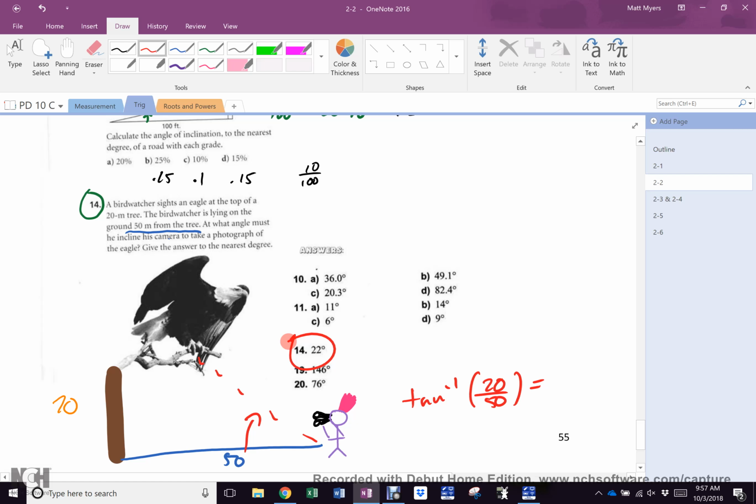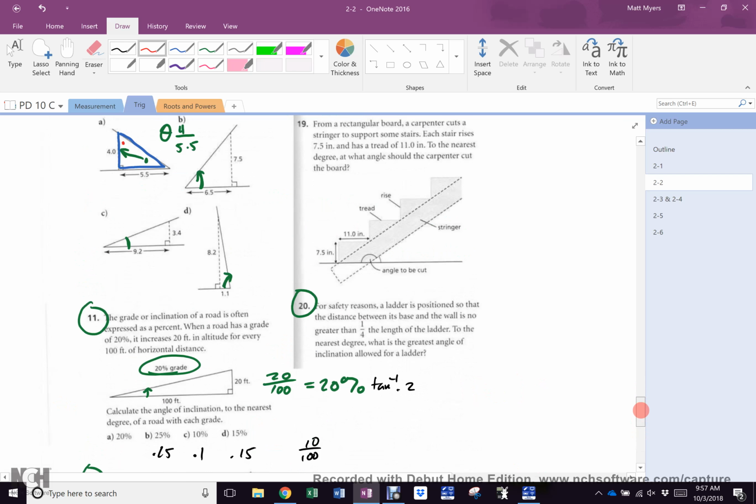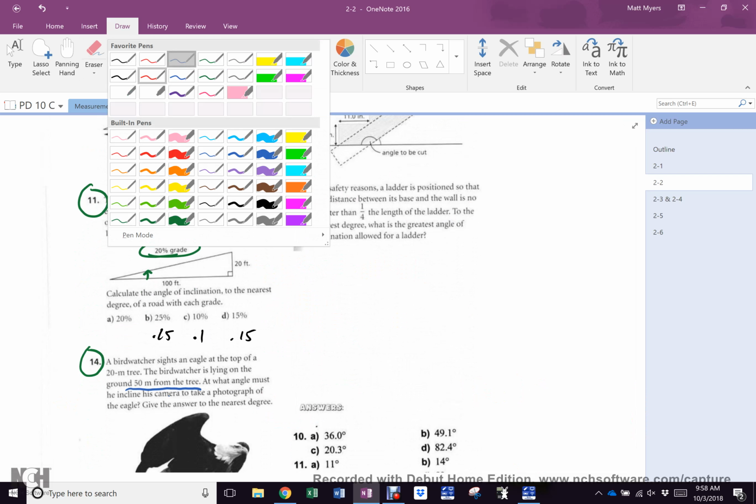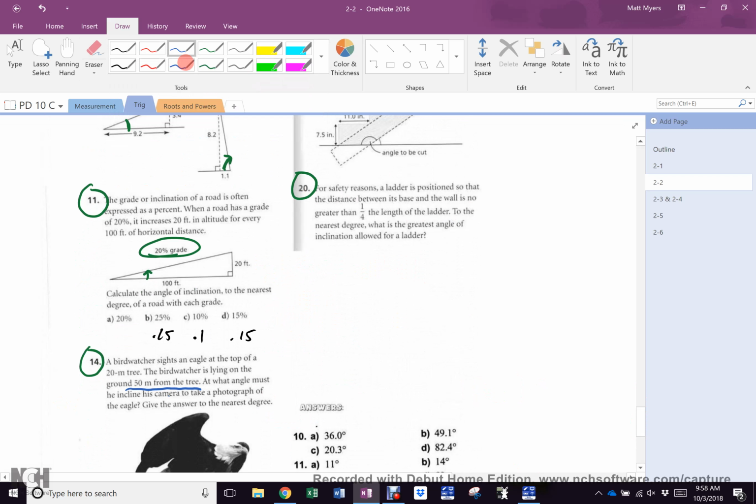Okay. Can everybody do... Oh, 20 is really hard because I don't give you any numbers, do I? So, what does it look like? What have I had to do for every trig question? What did I do? I drew a triangle. So what do you think I should do here? Excellent.